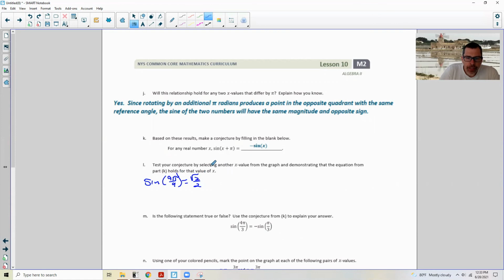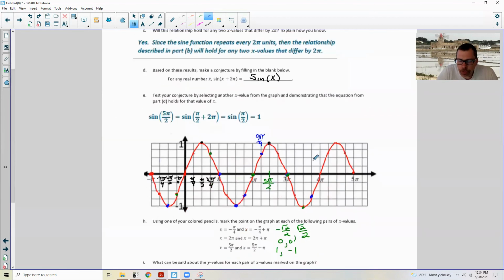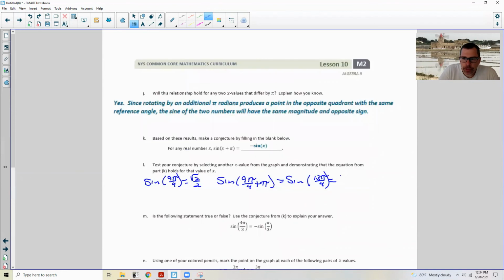If I add pi to that, the sine of 9 pi over 4 plus pi would equal the sine of 13 pi over 4, which equals, and then I go back to my table here, well, this is 9 pi over 4, 10, 11, 12, 13 pi over 4, which puts us at negative root 2 over 2. So that's negative square root of 2 over 2, and therefore it did work. Root 2 over 2, go over a pi unit, and we're at negative root 2 over 2.